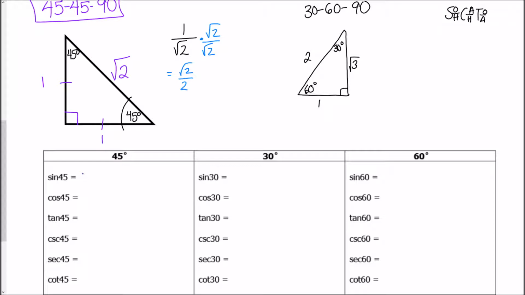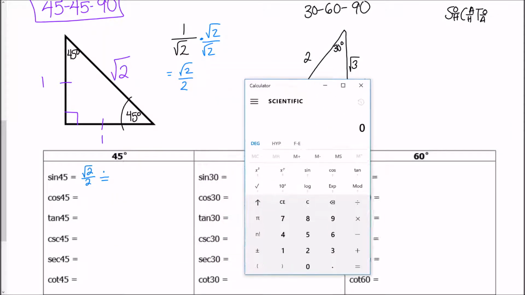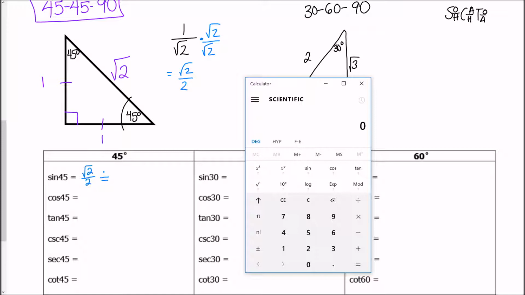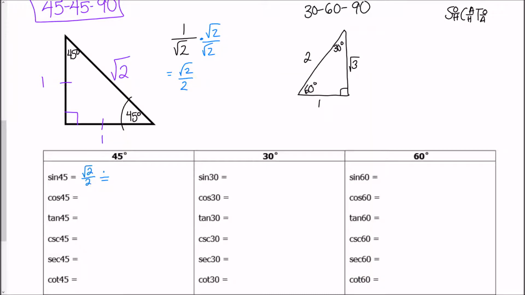So the sine of 45 is always going to be root 2 over 2. And I want to write down approximately how much that's going to be. So when I type this into my calculator, I'm going to do 2 square rooted and then divide that by 2, and I get approximately 0.707. So we can say that this is approximately 0.707.